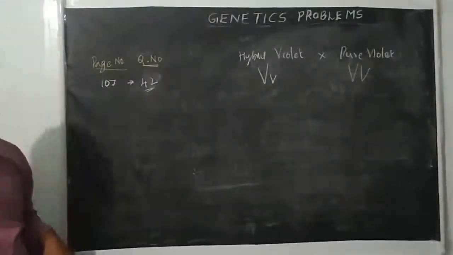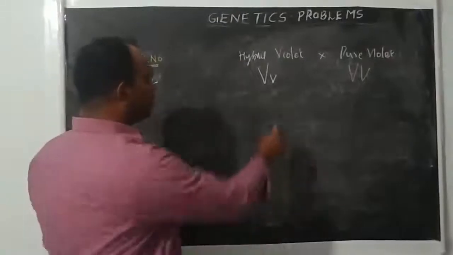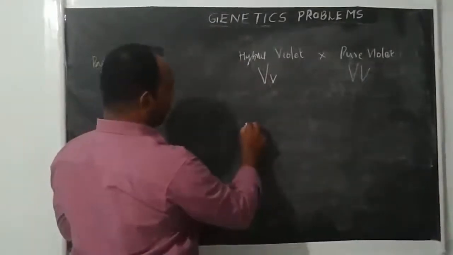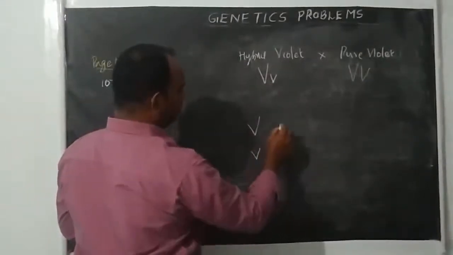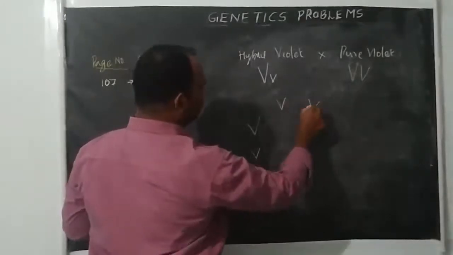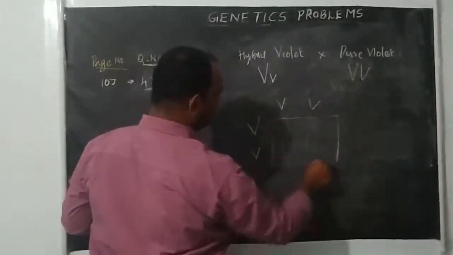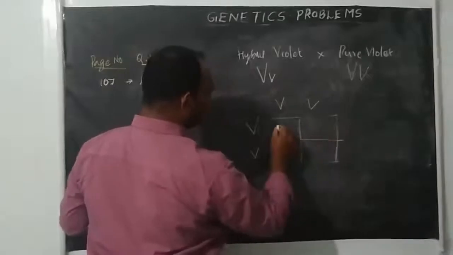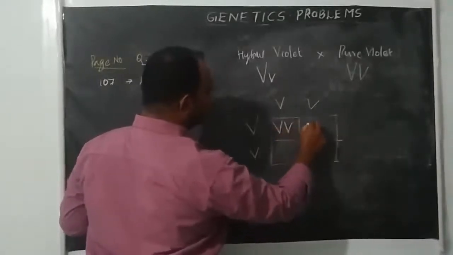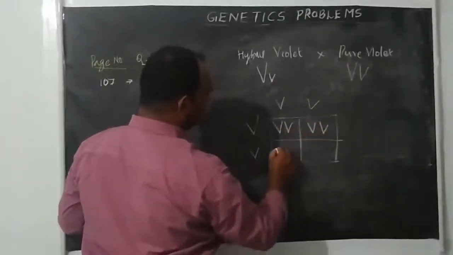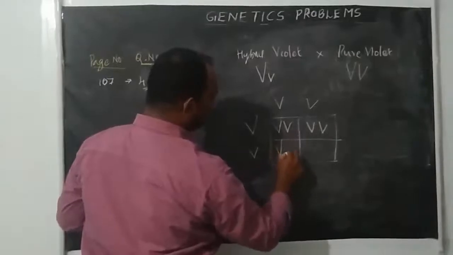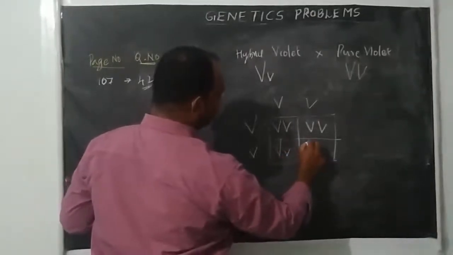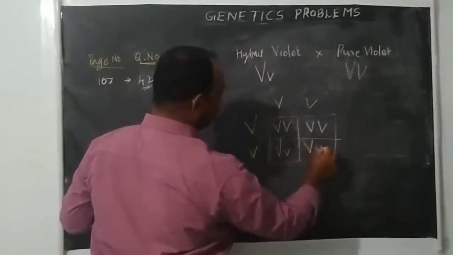If we cross like this, you see it produces 2 gametes, caps V and small v. Here caps V alone. We put like this: caps V caps V, and caps V small v, and caps V small v.